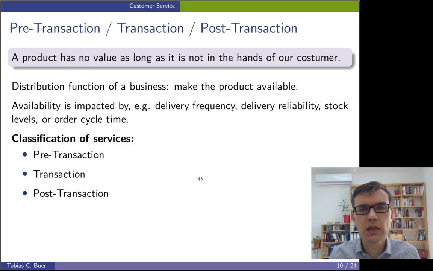We made three groups to classify services: the pre-transaction services, the transaction services, and the post-transaction services. So this concept of grouping of services was created around the idea of a customer transaction, so when a customer actually buys something, and it helps us to discuss the types of services that are offered in a simpler way.